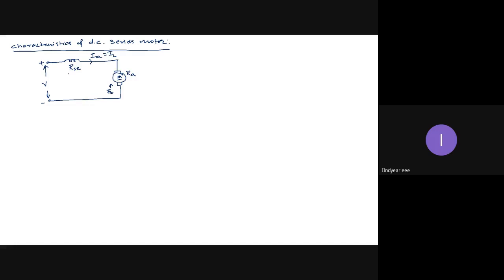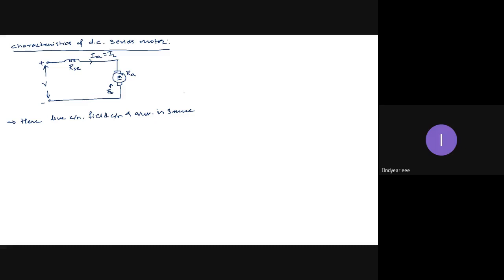Since the supply, field winding and the armature are in series, the line current, field current and the armature current are the same. The same current which is flowing from the line into the field and into the armature.